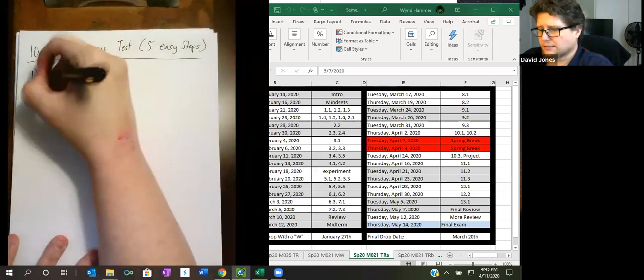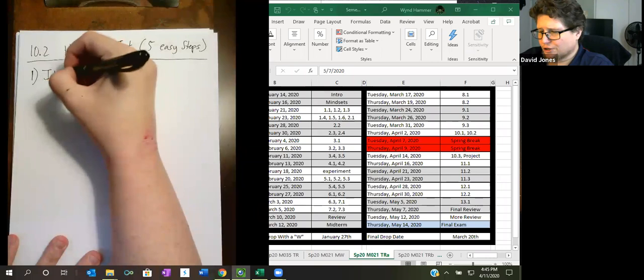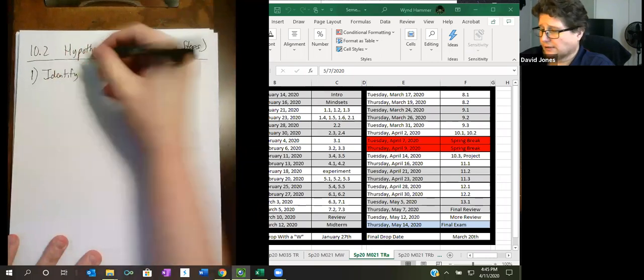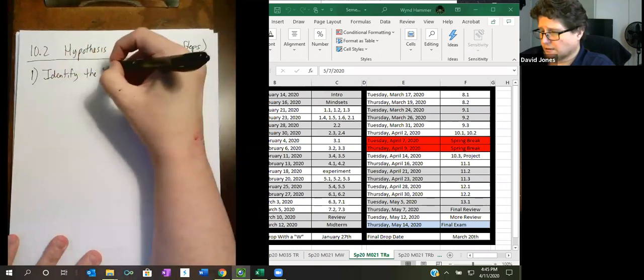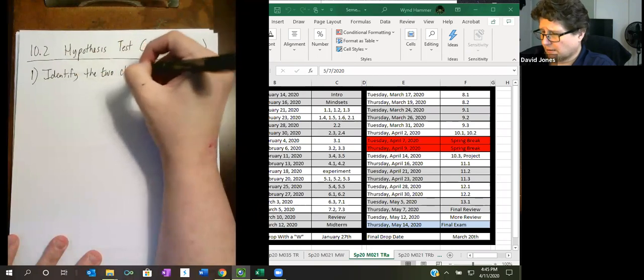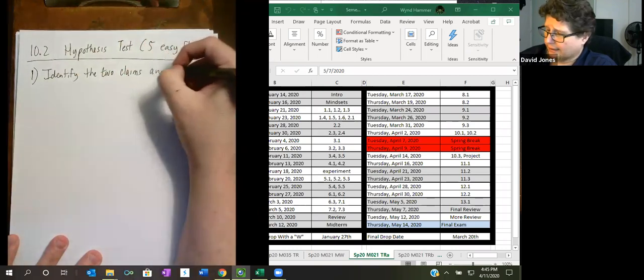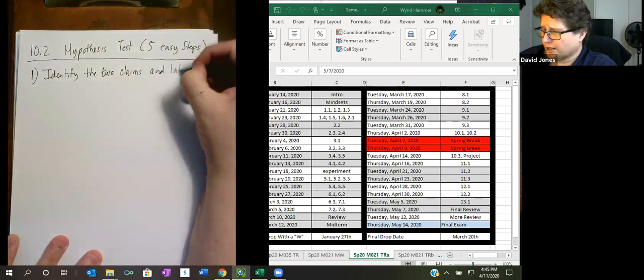Step 1, identify the 2 claims and label H0 and HA.